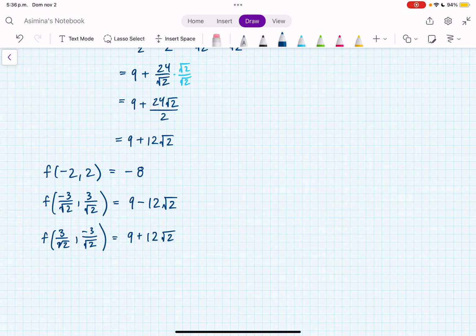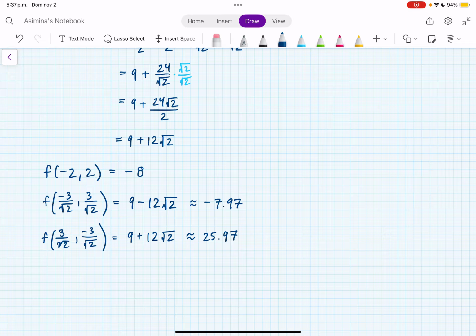You can use a calculator to get approximations for the second and third values, since it might not be immediately obvious what they are. The second one, 9 minus 12 root 2, is approximately minus 7.97. And 9 plus 12 root 2 is approximately 25.97.